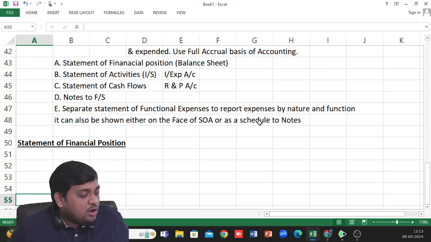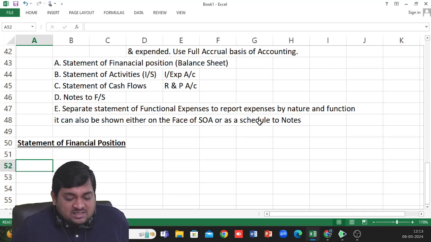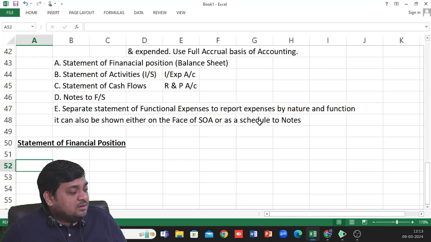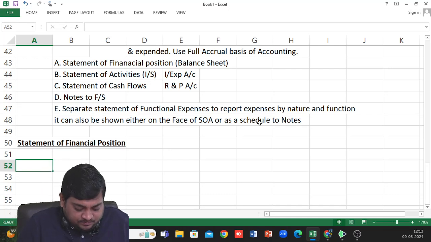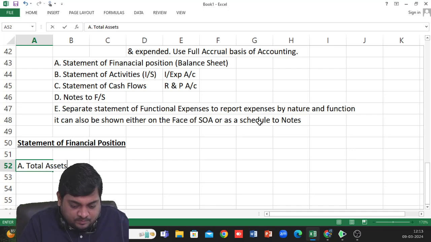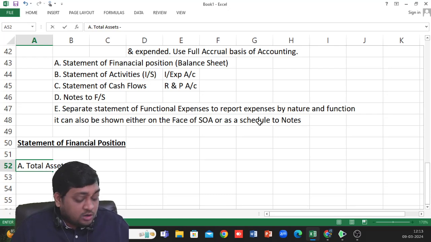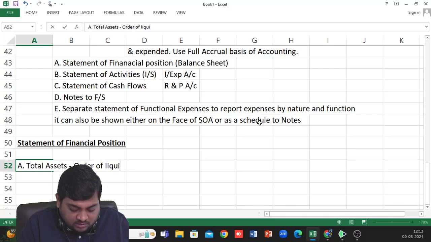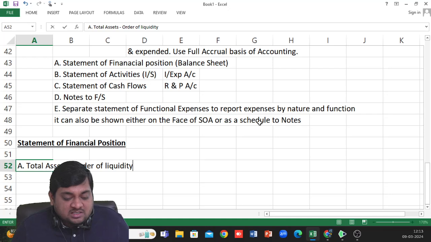So when I talk about this financial position, what is reported in it? Number one, total assets, right? We report total assets, and we follow the order of liquidity. It means cash and cash equivalents will be on top.